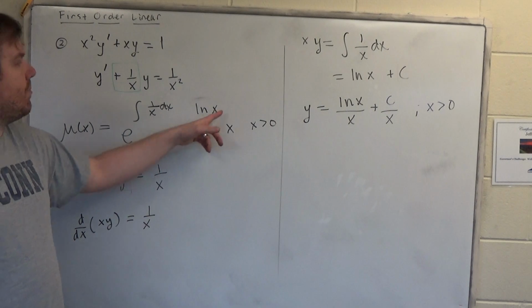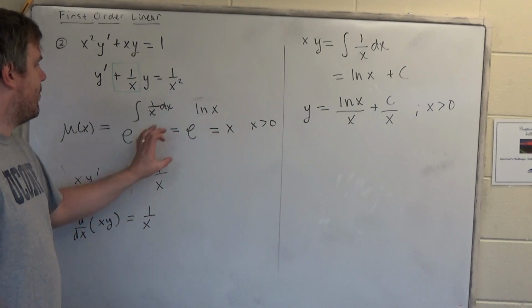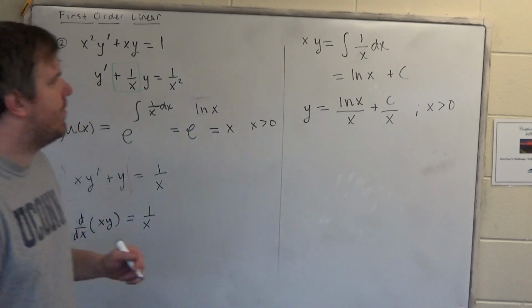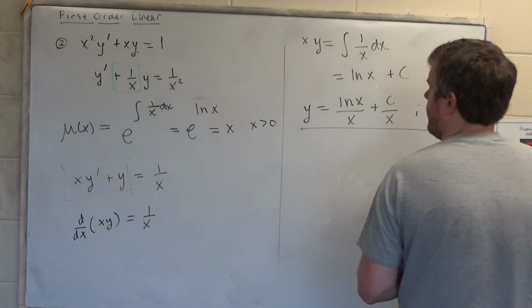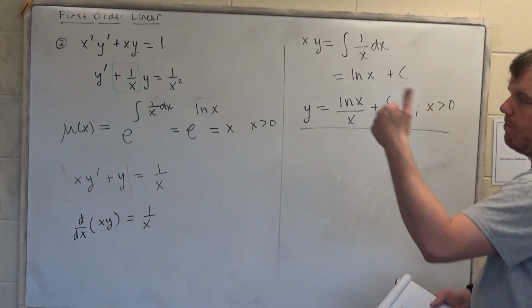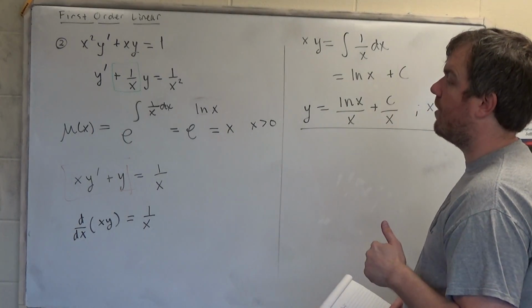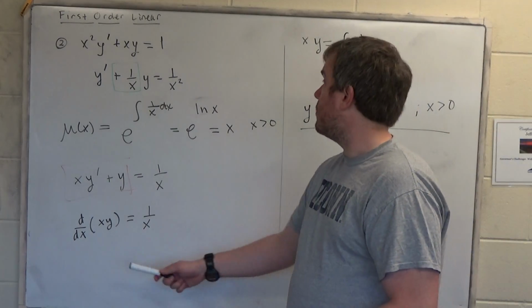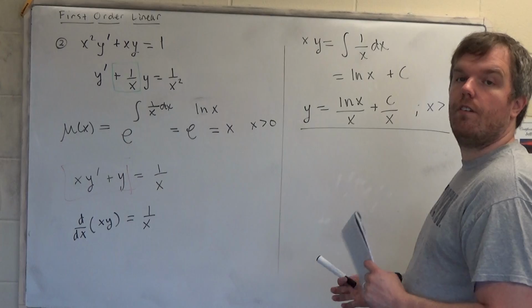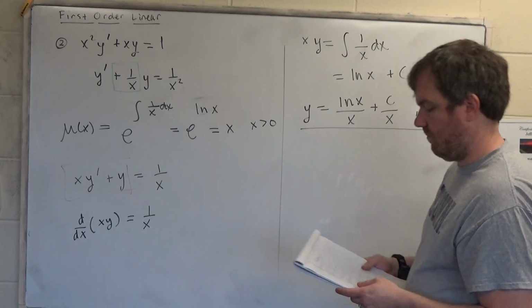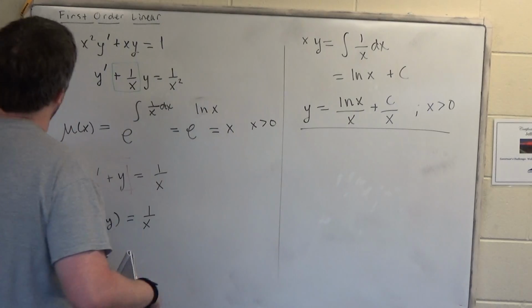So you may as well pretend that that constant out front of the exponential is just 1. In any event, this is what we get as our solution. So the steps are put it in standard form, find the integrating factor, multiply by the integrating factor, recognize the product rule, and integrate both sides. And then notice we can solve for y easily.